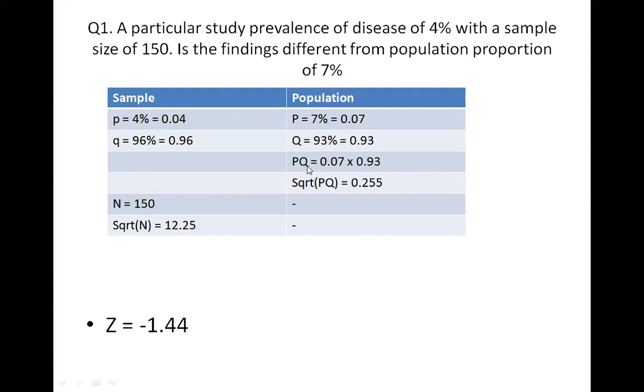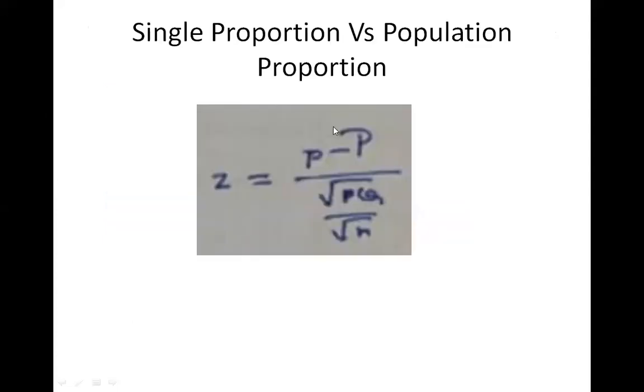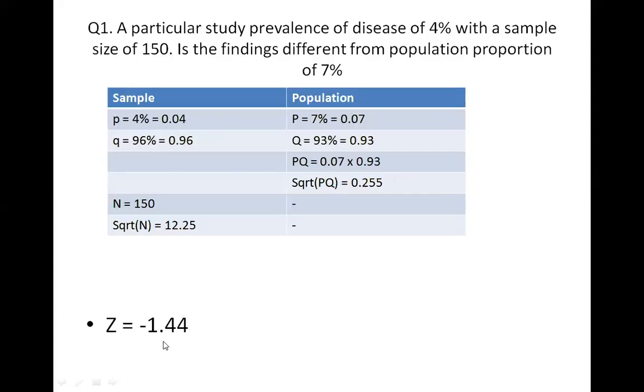P multiplied by Q you can calculate. Then the square root of P multiplied by Q is 0.255. N is equal to 150. The square root of N is 12.25. By putting these values in this formula, we get Z equal to minus 1.44.